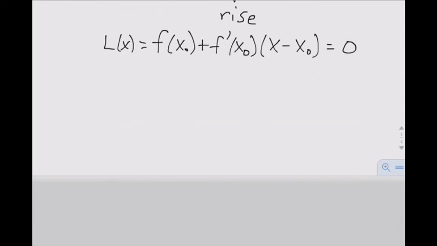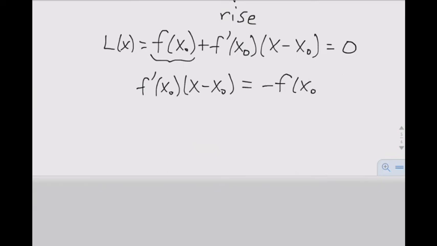So if we solve this thing, I can say, well, that means f prime of x sub 0 times x minus x sub 0 is going to equal, I'm going to take this term to the other side, minus f of x sub 0. Now I'm going to divide through by the derivative, so that means x minus x sub 0 is going to equal minus f of x sub 0 over f prime of x sub 0.